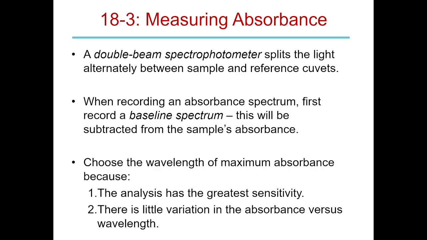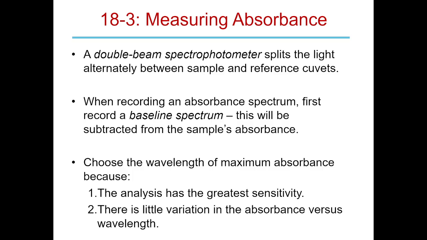All right? When recording an absorbance spectrum, first you'd record the baseline spectrum, and this will be subtracted from the sample's absorbance. And that's actually literally what happened when you took that background, the 100%. Literally, it was taking that number, whatever absorbance that matrix, that blank had, and it is subtracting it from the absorbance of your next samples.